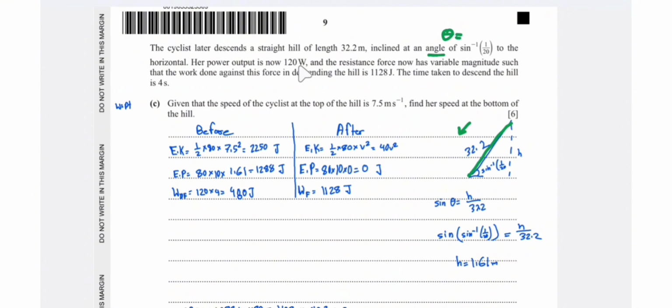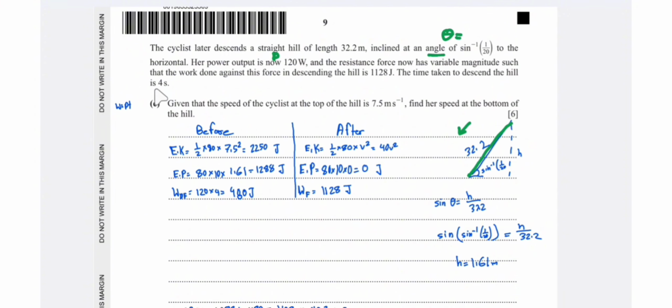Her power output is now 120 watt. The resistance force now has variable magnitude such that the work done against this force in descending the hill is 1128 joules.